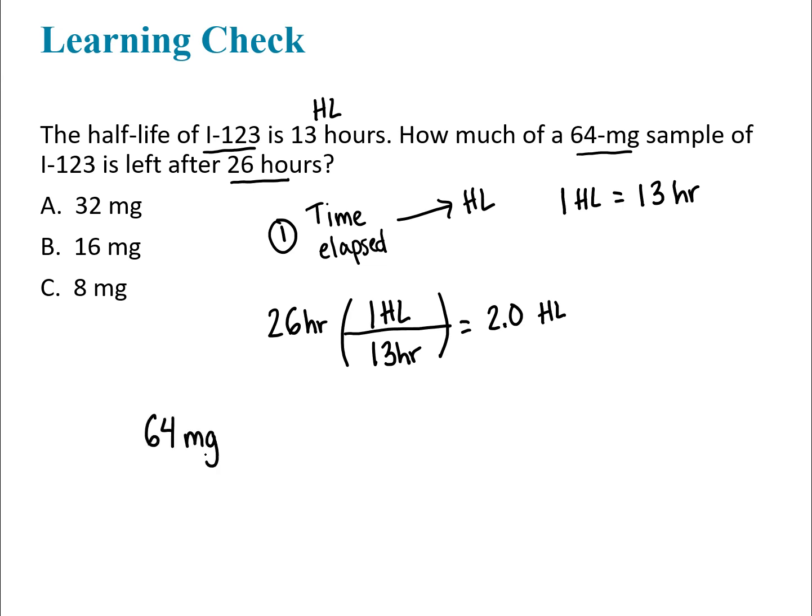You're starting with 64 milligrams of your isotope. After 1 half-life, how much will you have left?